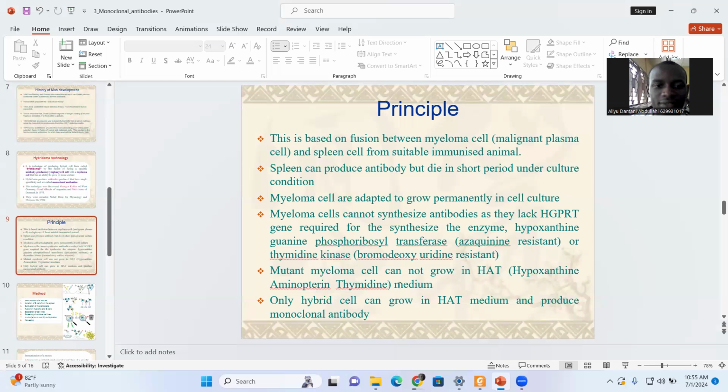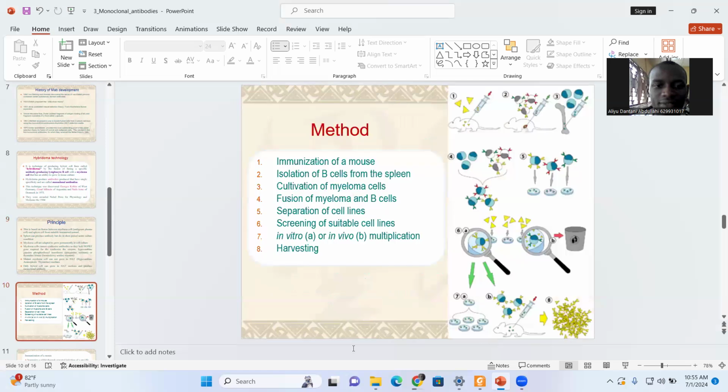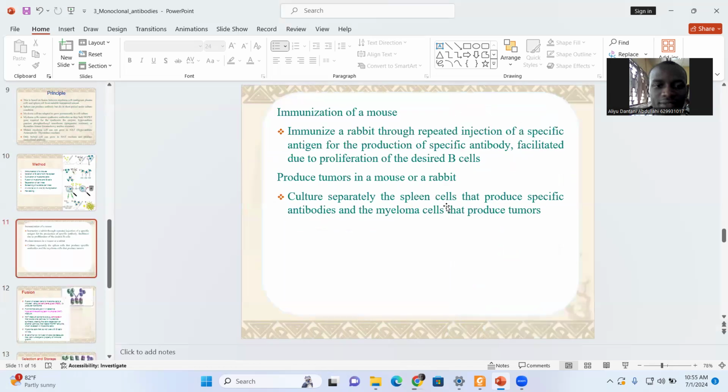The cancer cells that did not fuse with the B cell will not grow. B cell that did not fuse with the cancer cell will also die because they have a lifespan. It's the cancer cell that makes them immortal, right? So only hybrid cell can grow in HAT medium and produce monoclonal antibodies. So you can read this if you want to understand more, though I think I've said basically everything in the last slide.